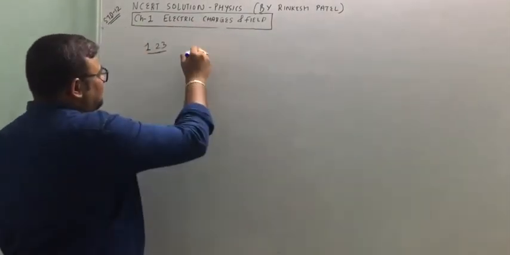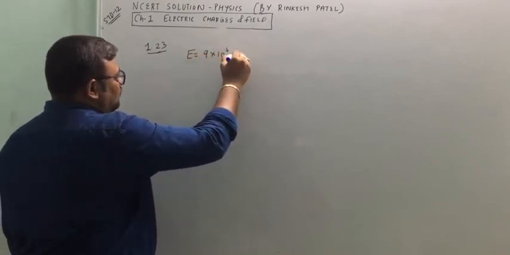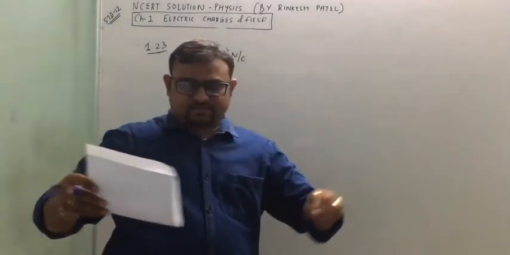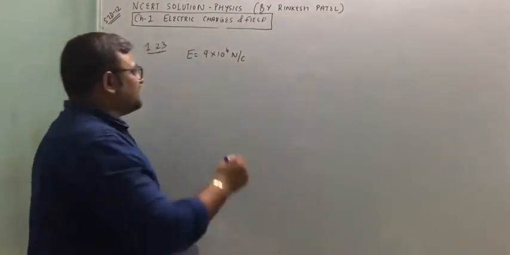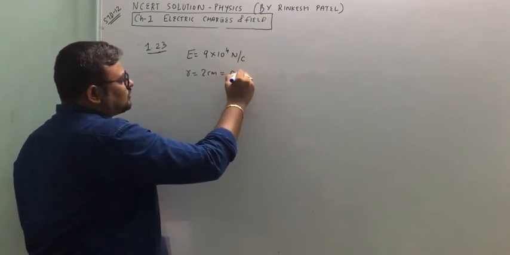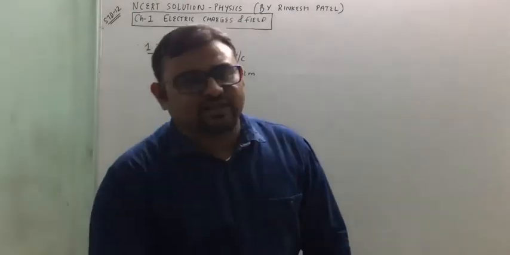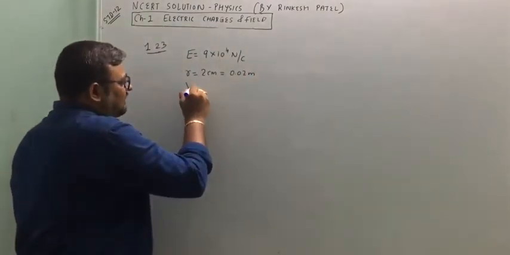So electric field is equal to 9 into 10 raised to 4 Newton per coulomb, infinite line, at a distance of 2 centimeters. So I will take r equal to 2 centimeter, which is equal to 0.02 meter. You have to find out the linear charge density, that means you have to find out lambda.